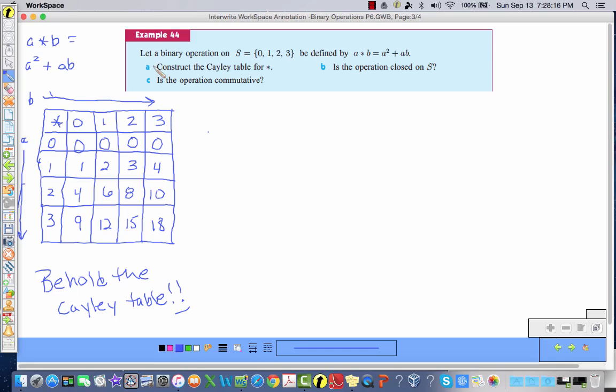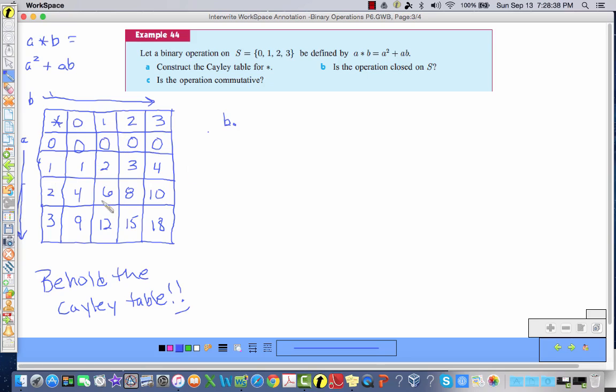Oh no, that is part A. Part B: is the operation closed on the set S? Remember, if it's closed, when we perform the operation with the elements of our set, every time, the answer has to be one of the elements of the set.